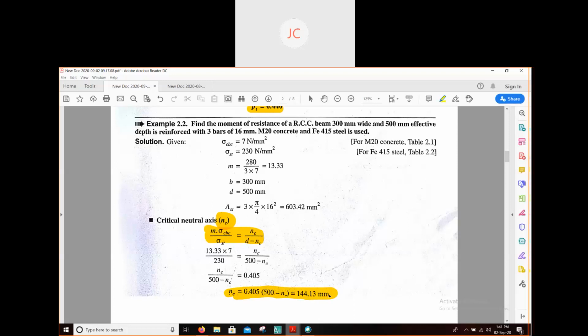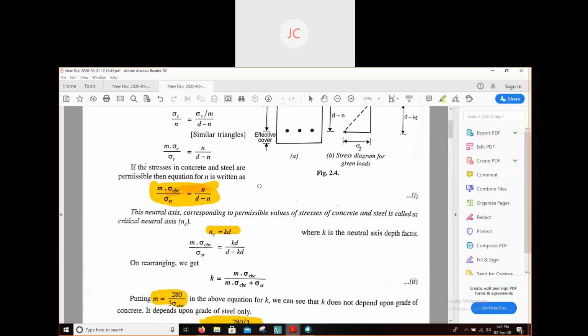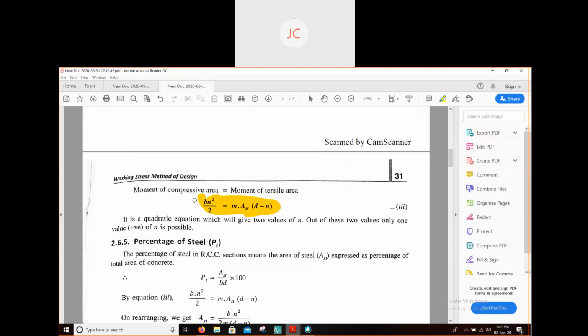Next, we have to find the actual neutral axis depth. For that we have to use another formula. I think all of you have got the PDF which I shared with you this morning. In that PDF this formula is written.